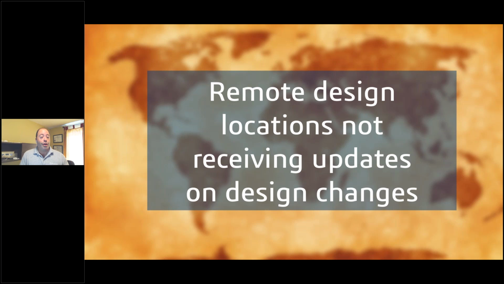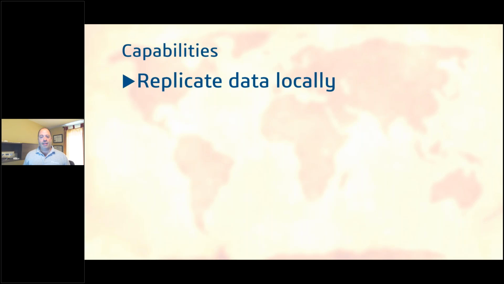Also, we mentioned that remote design locations are not receiving the updates on design changes. True if you're on two physical sites, right? We have companies now spread across the world, with designs being done and manufacturing being done across the world. Well, with PDM now, you can replicate the data locally. There's a difference between replicate and copying data.